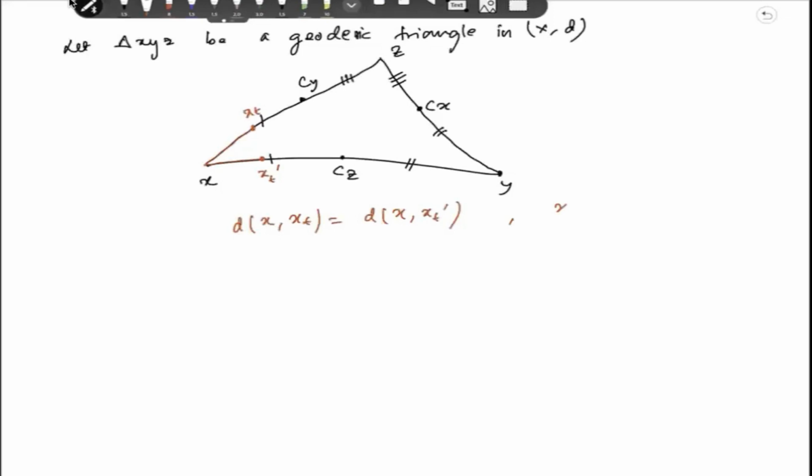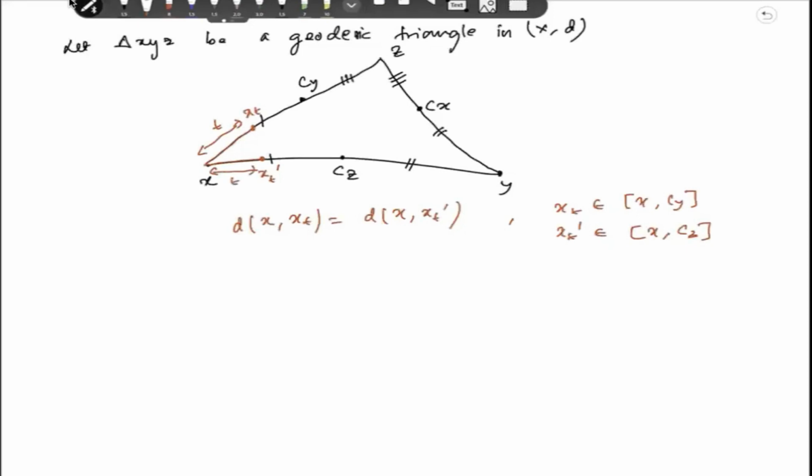And so this Xt lies in this geodesic joining X and Cy, and Xt prime lies in this geodesic joining X and Cz. So this distance from X to Xt, you can take it to be t.